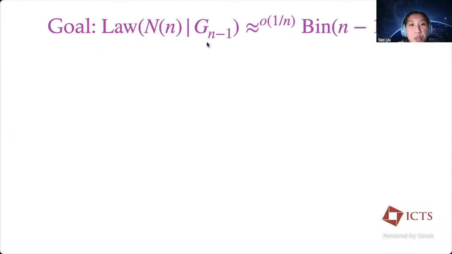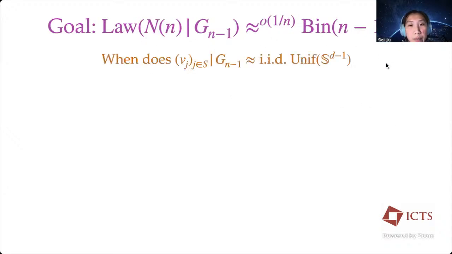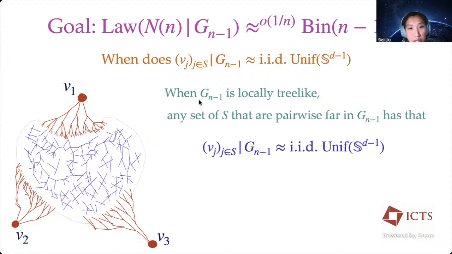Okay, so when are the Vj going to be i.i.d. uniform on the sphere? It turns out that we need two things. The first thing is we want G(n-1) to be locally tree-like. This is satisfied when our edge probability is very small, because then we can decompose the graph in a way similar to the one on the left.